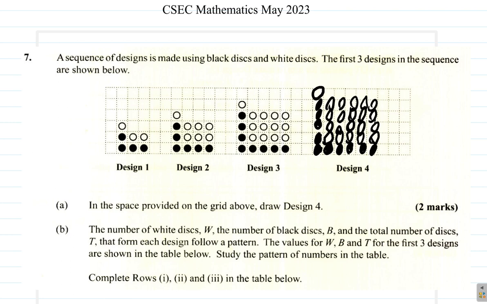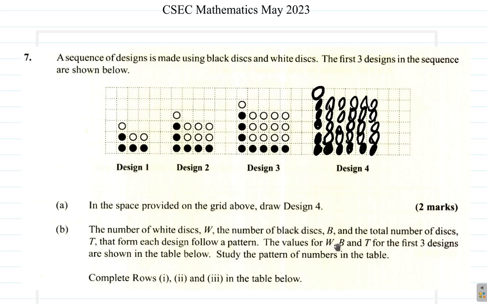Now the next thing, they say the number of white discs, W. The number of black discs, B. And the total number of discs, T. Each design forms a pattern.